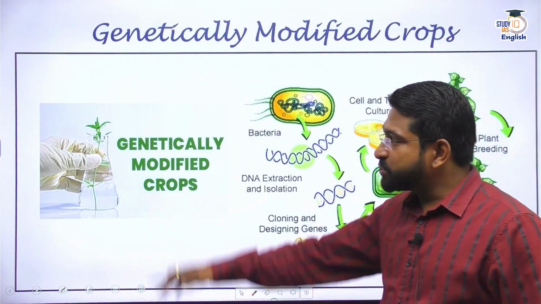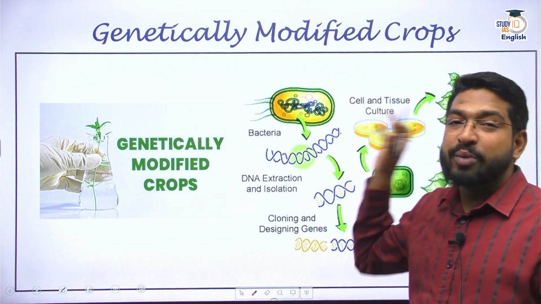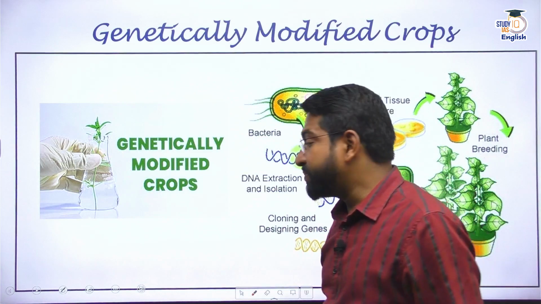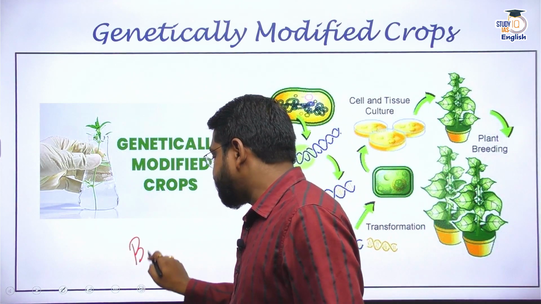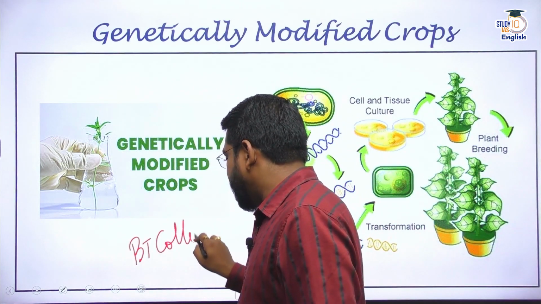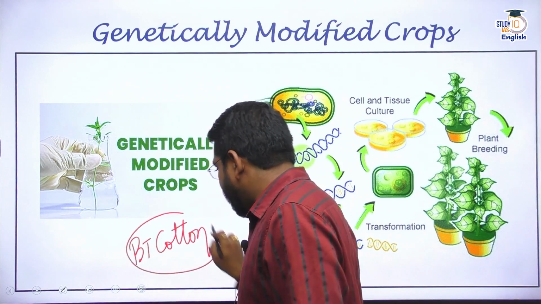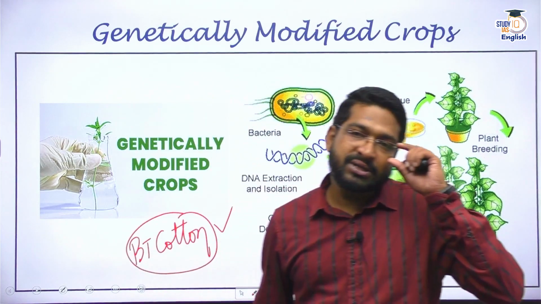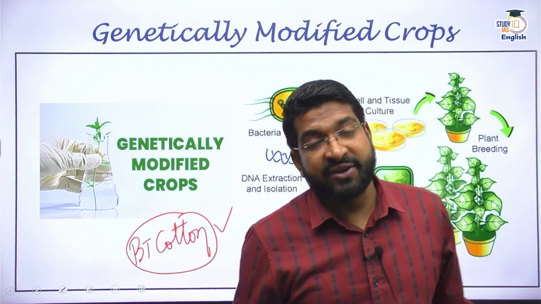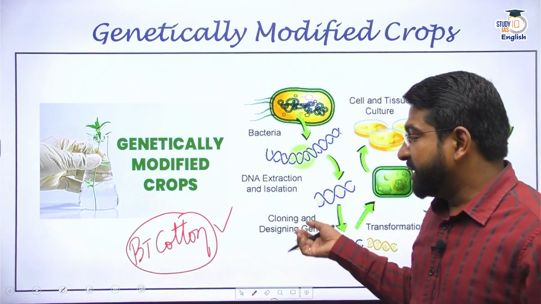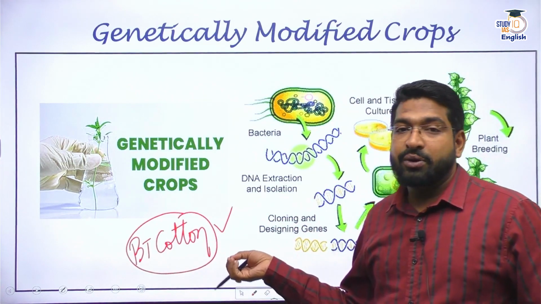Apart from this, we have also gone for genetically modified crops in recent times. I gave you the example of BT cotton. BT cotton is a genetically modified crop which has led to immense cotton production since 2005. In fact, today on millions of hectares of land, we cultivate BT cotton.